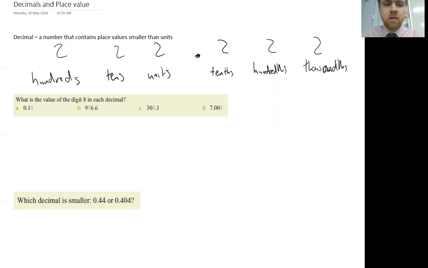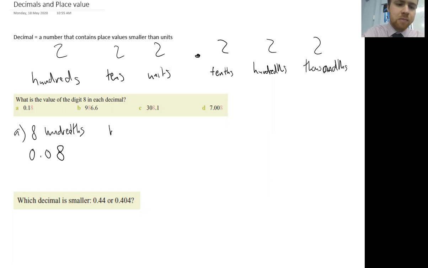Here's an example of some questions. What is the value of the digit 8 in each decimal? In this first one, it's 0.18, and the 8 is in the hundredths column. So we would say that it's worth 8 hundredths, or 0.08.